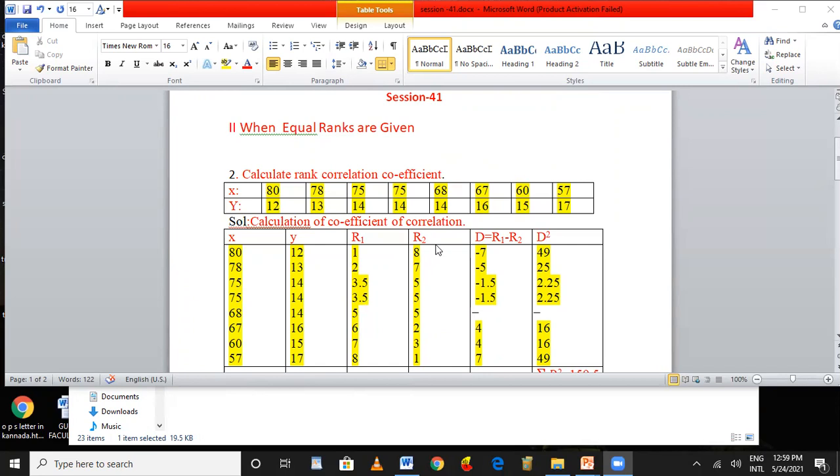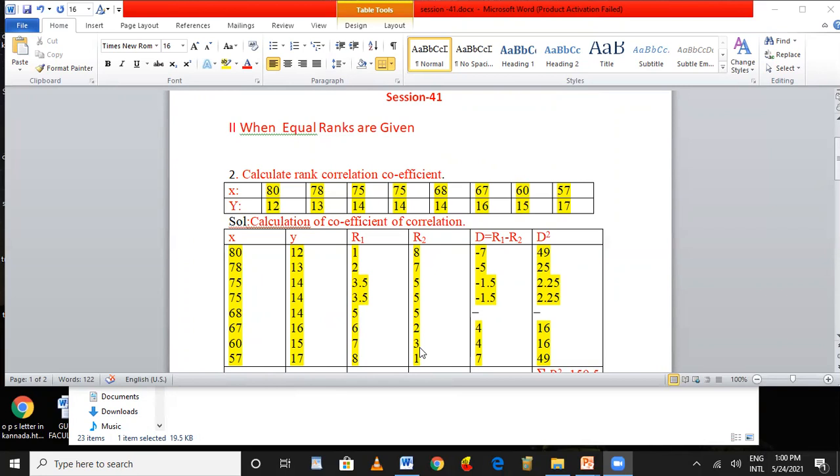Then again, the ranks for the second judge. The second judge's marks are 12, 13, 14 (three times), then 16, 15, 17. The highest one is 17, first rank. 16, only one item, second rank. Then 15, third rank.